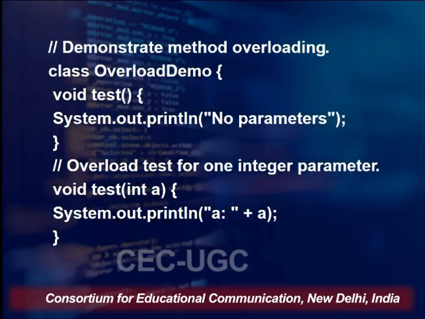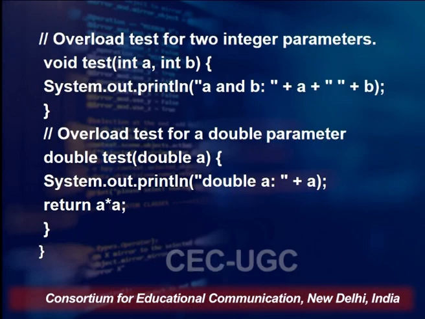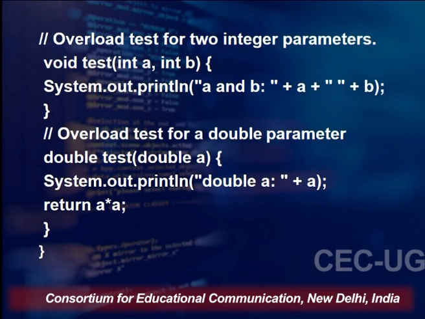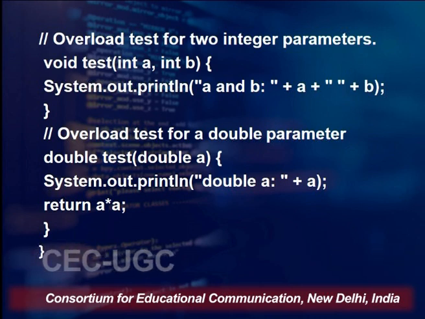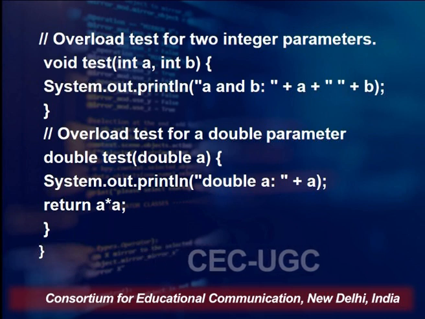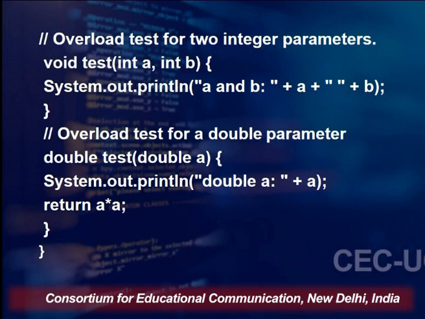So, in this program you must notice that one version of test is not having any parameters, return type void. Another version of test, one integer parameter, return type void. Third version of the same function test, two integer parameters, return type void, and the fourth one is return type double and one double parameter.